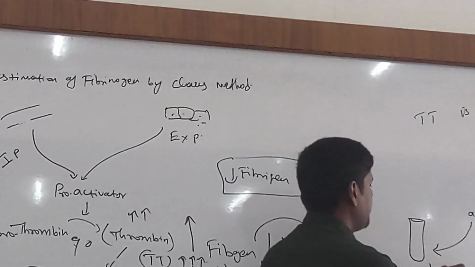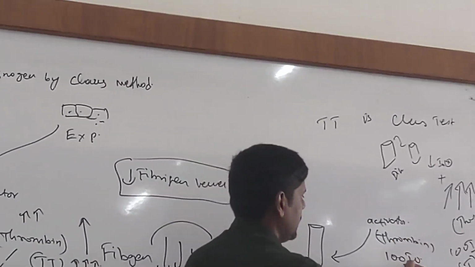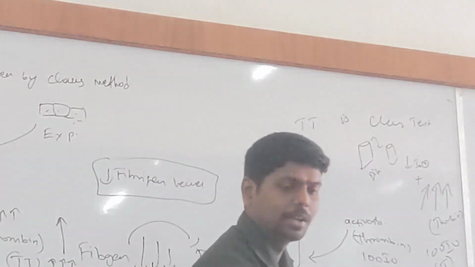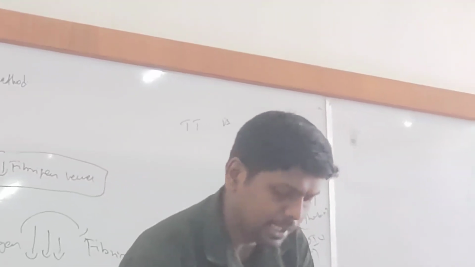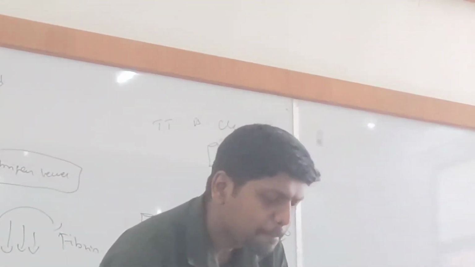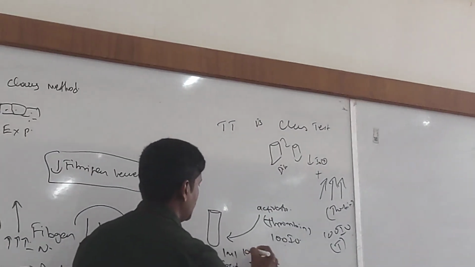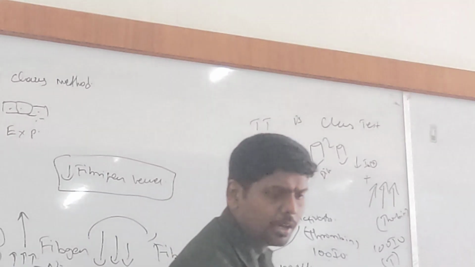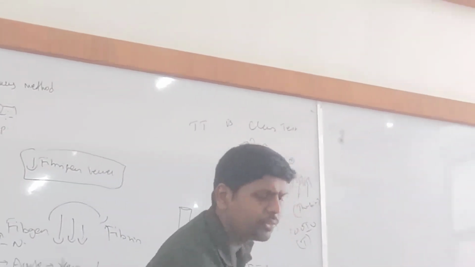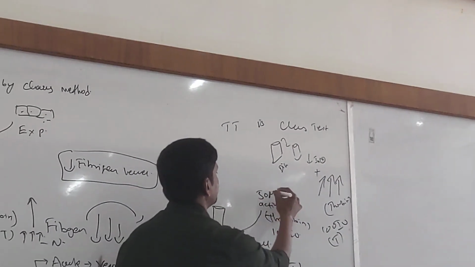Plasma, maybe you take 1 ml. I need to check the material for how much they are taking. Let me see. One second. We are taking 100 microliters of plasma, and to it we are adding 50 microliters of thrombin.